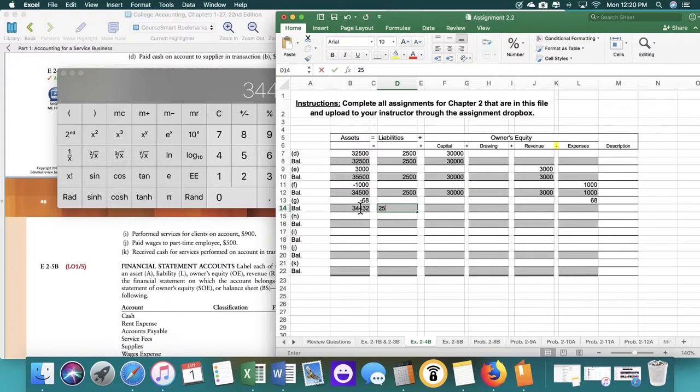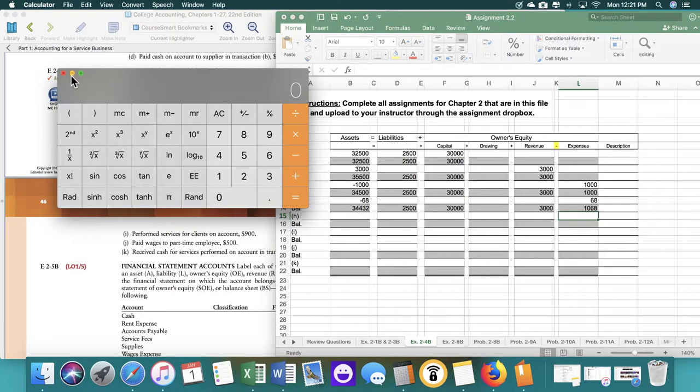So we know liability stays the same, capital stays the same, revenue stays the same, and then our expenses, we're just going to add $68, so it's $1,068. And then again, it's going to be the same procedure. We're going to add the liabilities, capital, revenue, and subtract expenses to make sure we arrive at the amount that we need to.